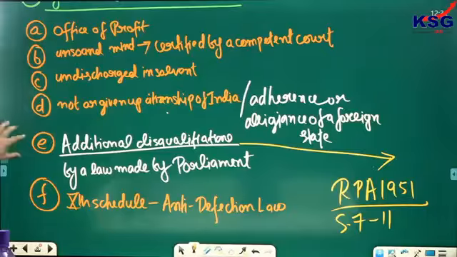We are only interested at this point in point E, which is additional disqualifications by law made by Parliament, under which the RPA 1951 has been made, and we will take a look at section 7 to section 11 in this regard. Clear?